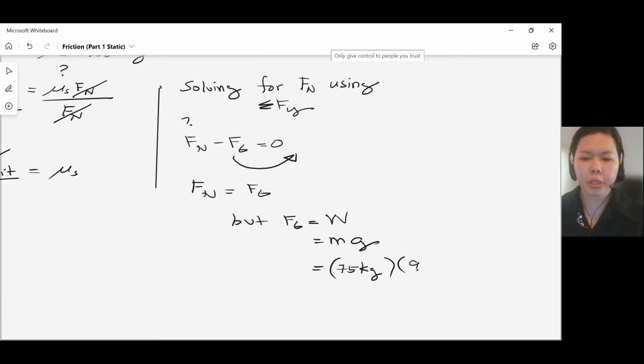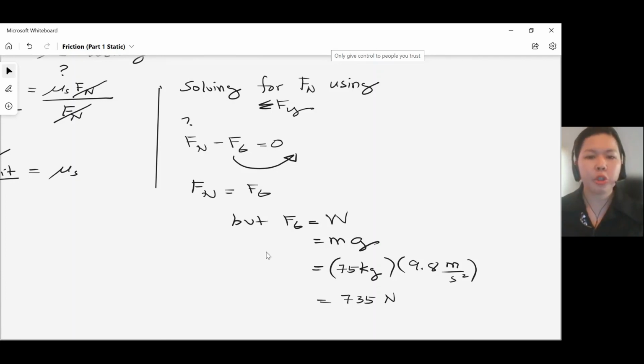So weight, always use positive g in calculating the weight. So 75 kilograms times 9.8 meters per second squared, using your calculator, you should get an answer of 735 newtons.